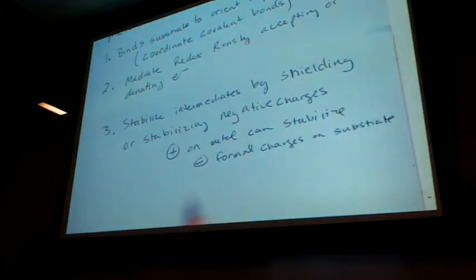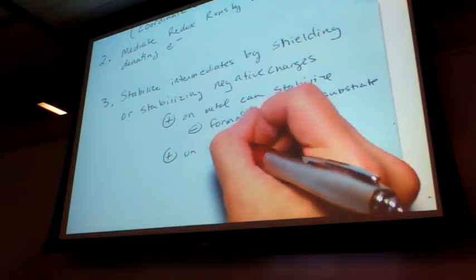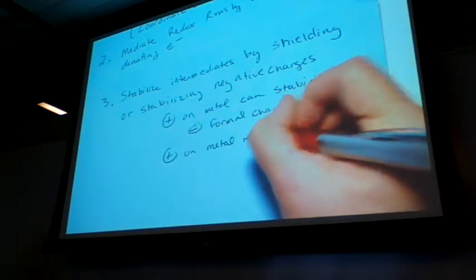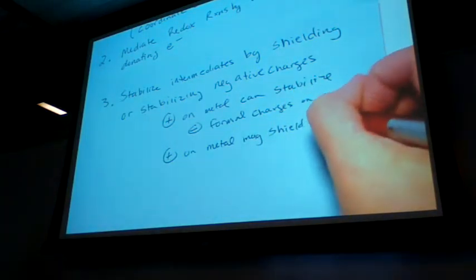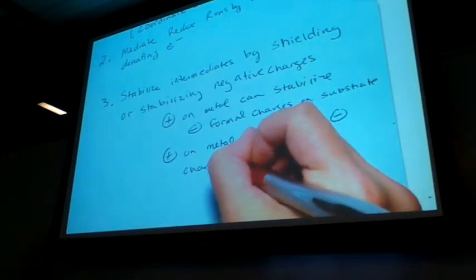Or your positive charge on the metal may shield negative charges from incoming nucleophiles.